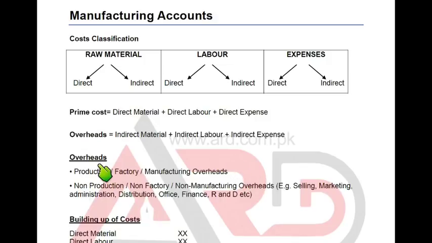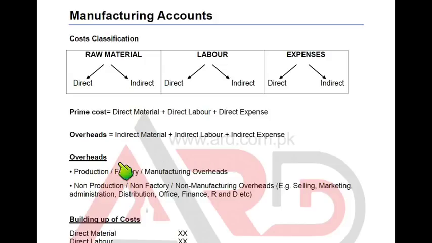Now what are production overheads? Production overheads are overheads or costs that are arising in a factory floor, and that are being incurred during production.